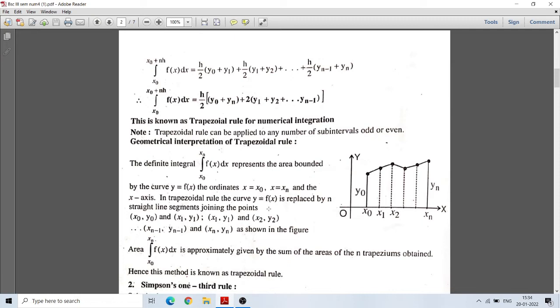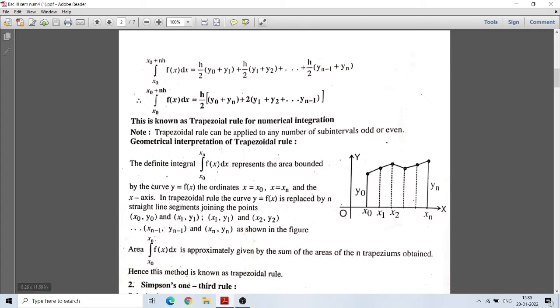In the trapezoidal rule, the curve y is equal to f of x is replaced by n straight line segments joining the points x naught, y naught; x1, y1; x2, y2 and so on up to xn minus 1, yn minus 1 and xn, yn. The last point is xn, yn. The area we want, the area under this curve, we find by taking the perpendiculars from each point: y naught, y1, y2, y3 and so on.